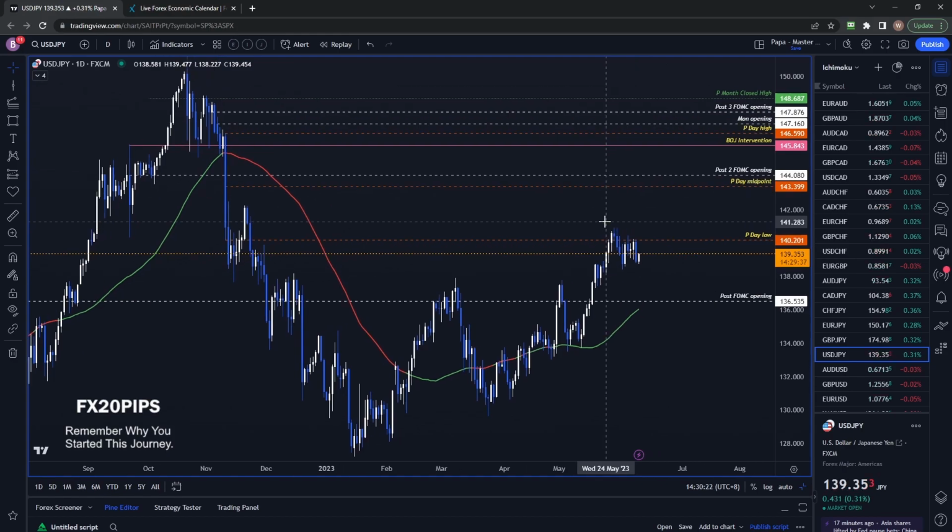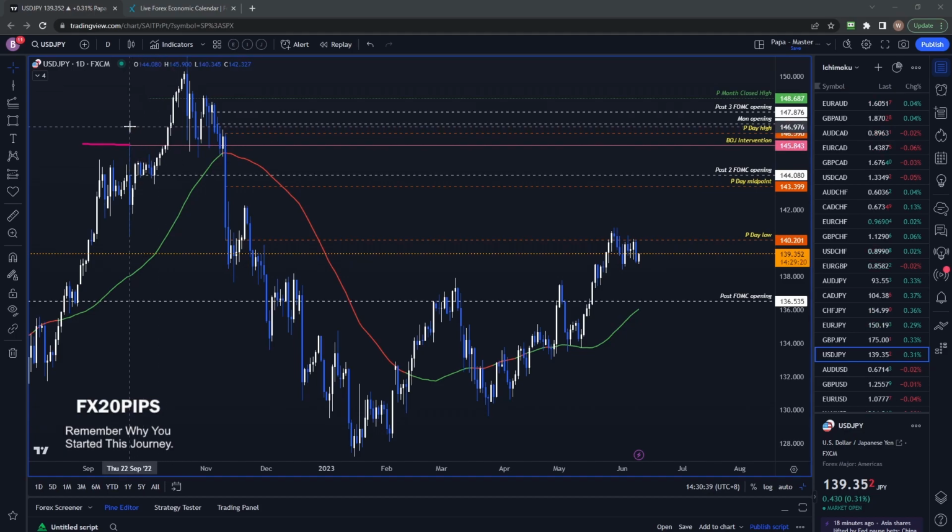Japan always likes to intervene when their currency is getting a bit weak. So at this level, previously, in September last year, the Bank of Japan intervened when price reached 145.